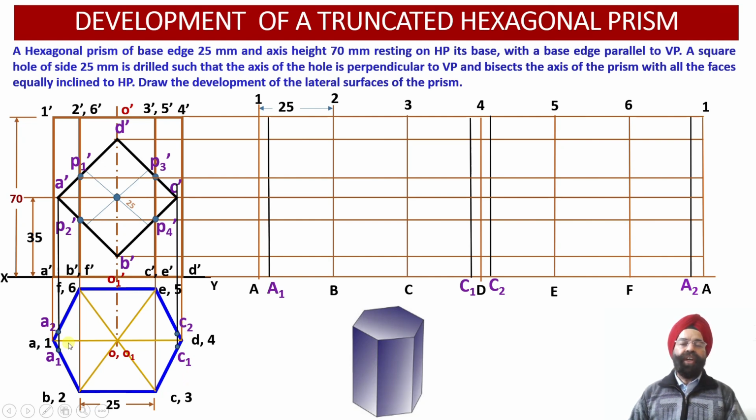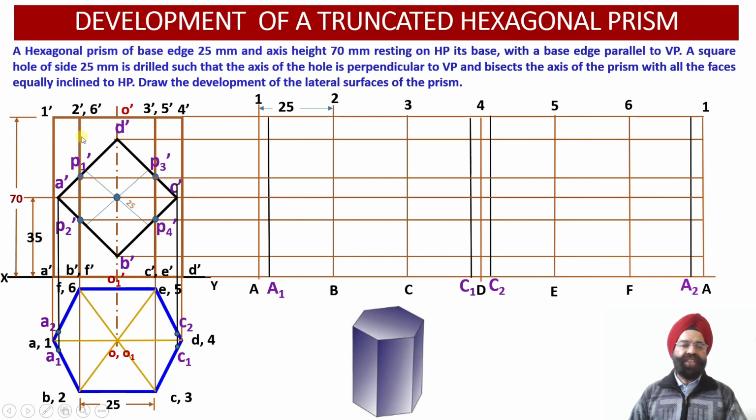In order to obtain all of these 8 points of intersection, we can check there are in all 8 points of intersection which are available by virtue of intersection of the square hole with the different vertical edges of this hexagonal prism over here.